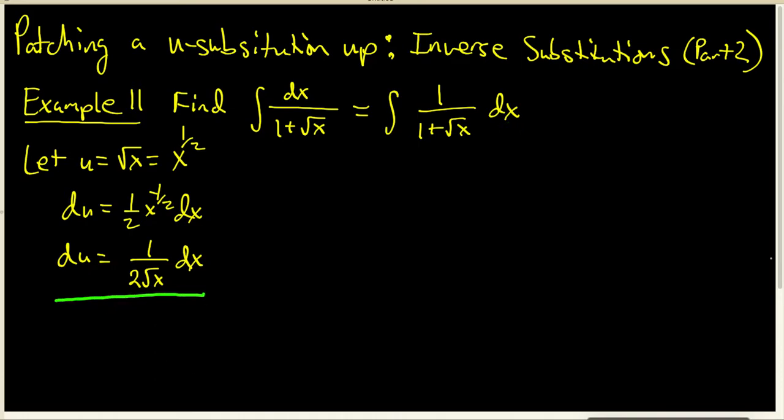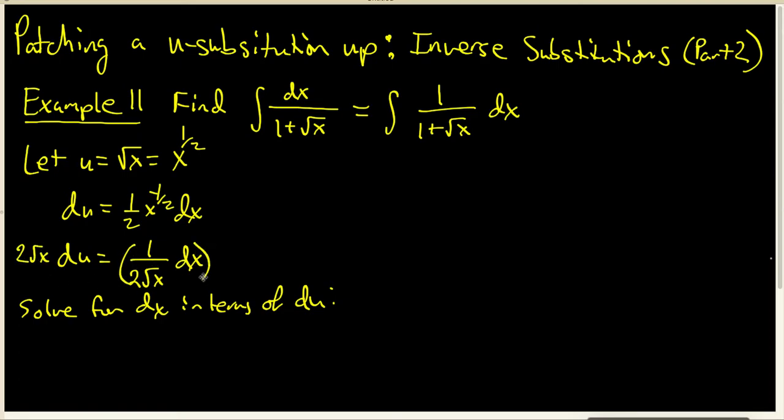So I want to solve for dx in terms of du. Well, that's not too hard. All I'm going to do is multiply this equation by 2 times the square root of x on both sides. And on this side, of course, they cancel out, and on this side, I get 2 times the square root of x du.